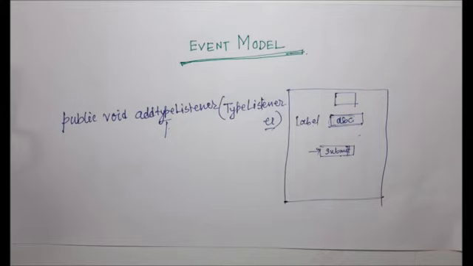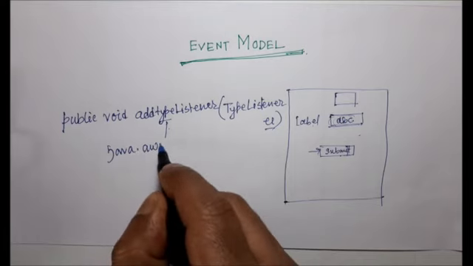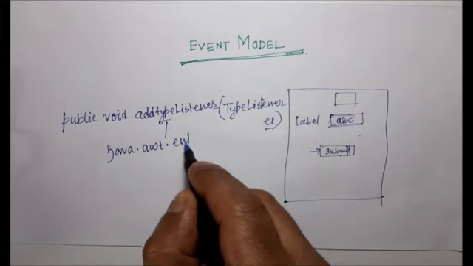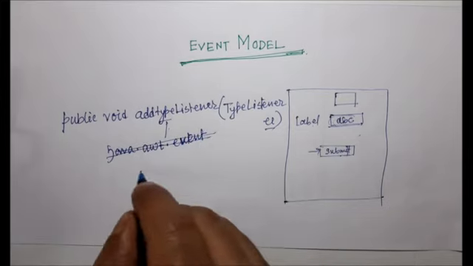The methods which receive and process events are defined in a set of interfaces, such as those found in java.awt.event.